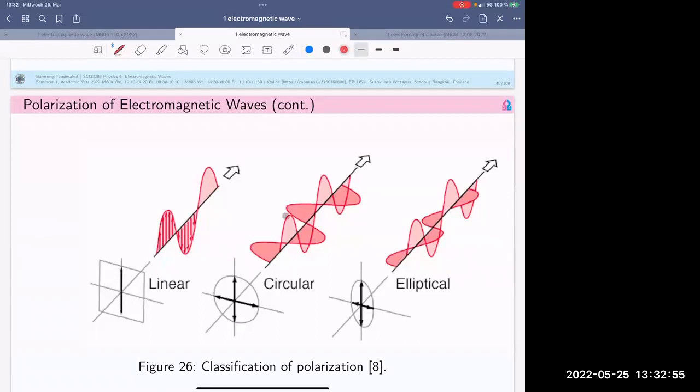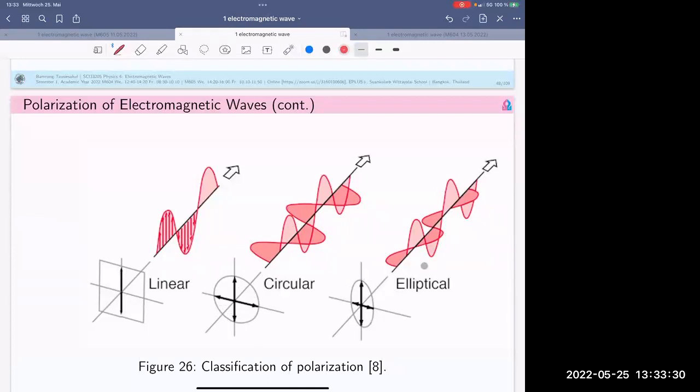For the circular polarization, we have oscillation in both the y-axis and x-axis, and the magnitude in the horizontal plane is the same as the magnitude in the vertical plane. So we get equal magnitude, and because the E field rotates, we get the circle shape.